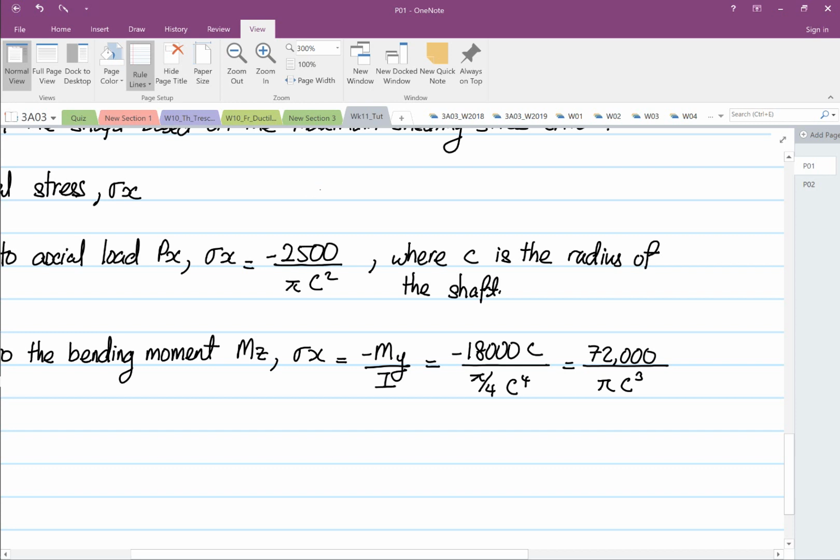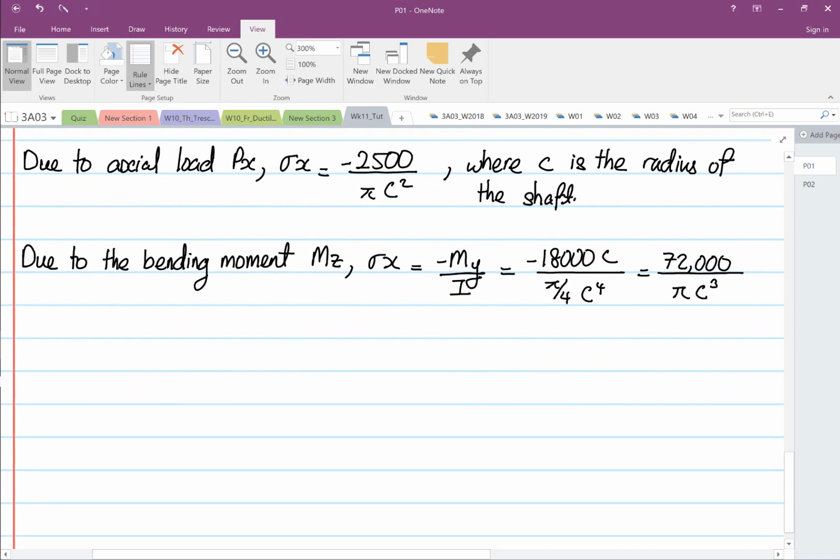Okay, so our normal stress in the x direction will be equal to minus 2,500 over pi c squared, and then minus, because they're in compression mode, 72,000 divided by pi c cubed.